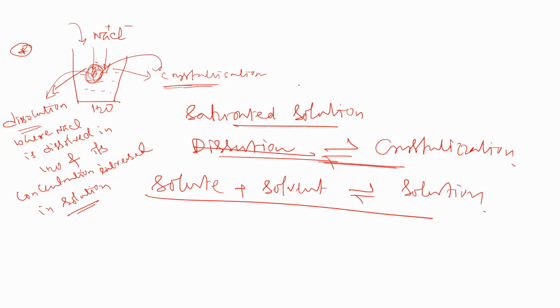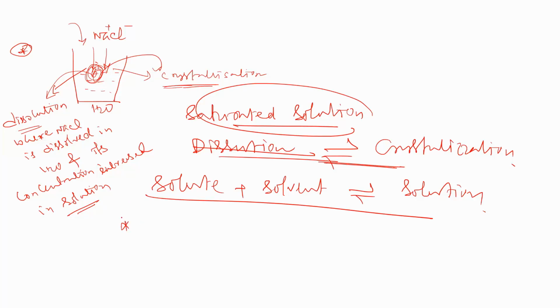So what is the saturated solution? A saturated solution means there is equilibrium between the dissolution process and the crystallization process. That means whatever amount of NaCl we are adding to the water will be totally dissolved. That is called the saturated solution.